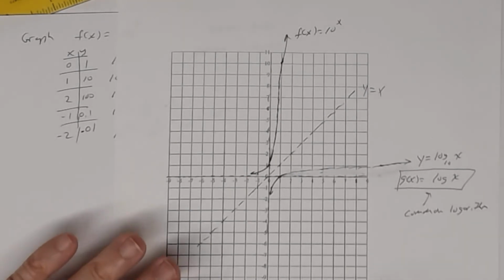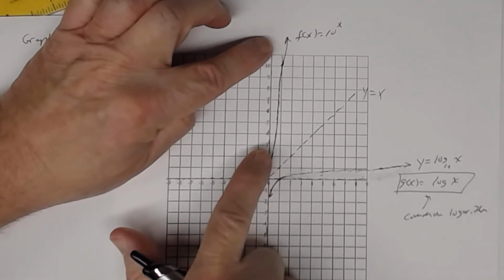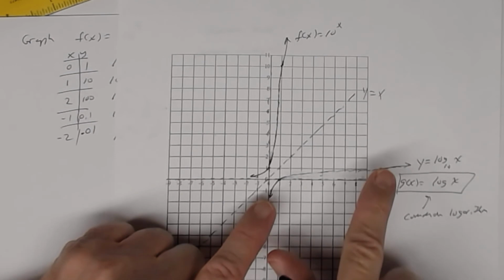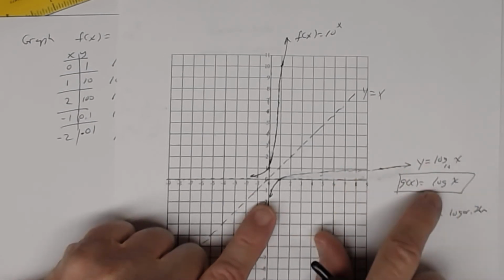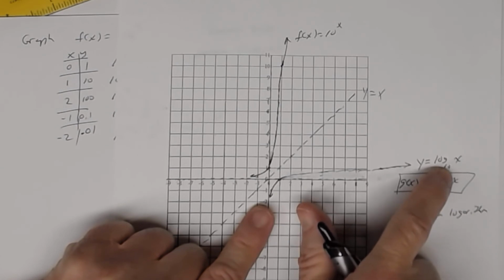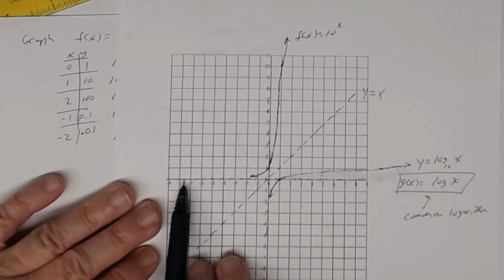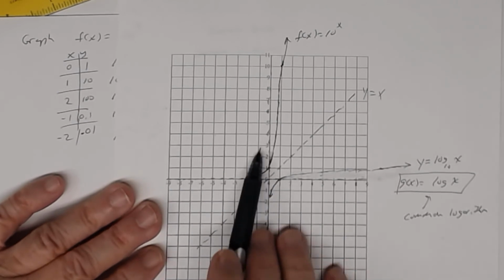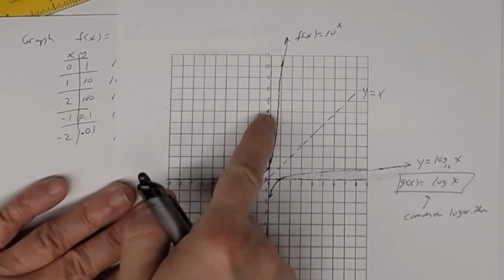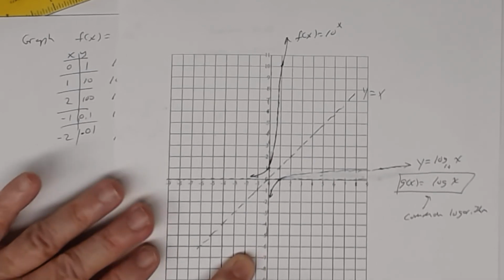All right. So we did 3 examples where we graphed the inverse of an exponential, and we saw that the inverse of an exponential is a logarithm. The base of the exponential is the same as the base of the logarithm. And we saw several things. We saw that the horizontal asymptote of an exponential becomes the vertical asymptote of the logarithm.